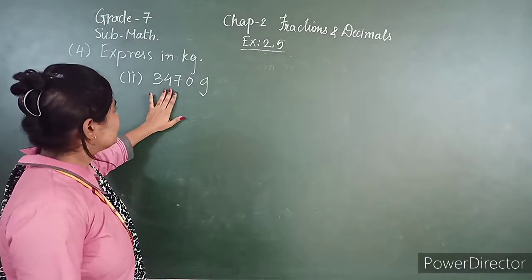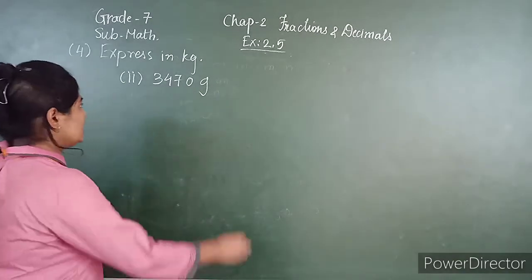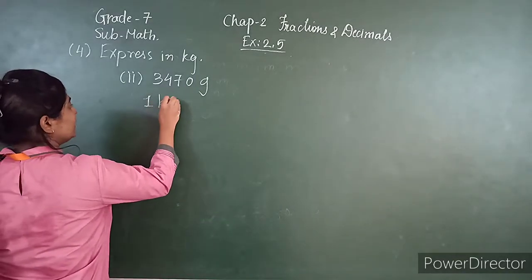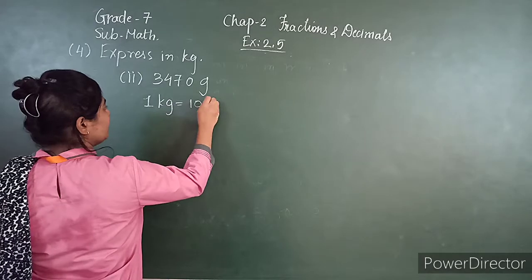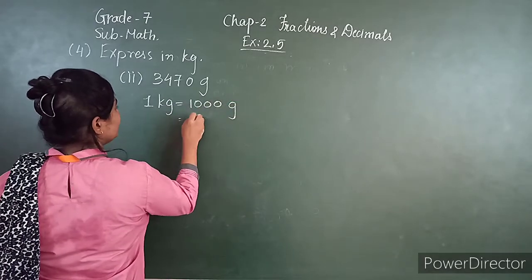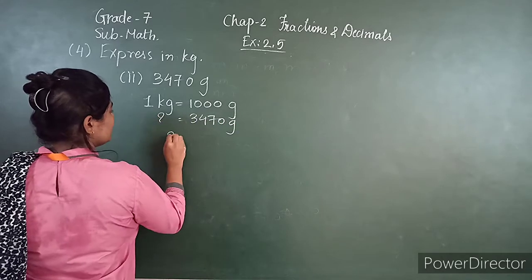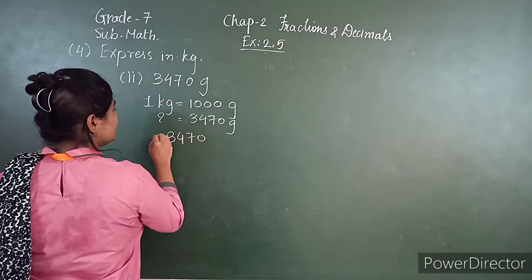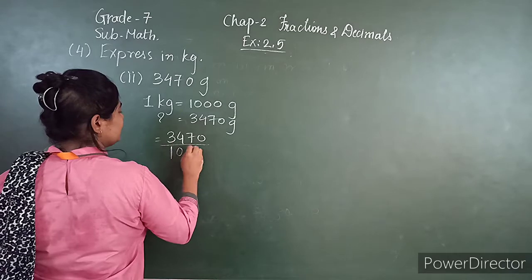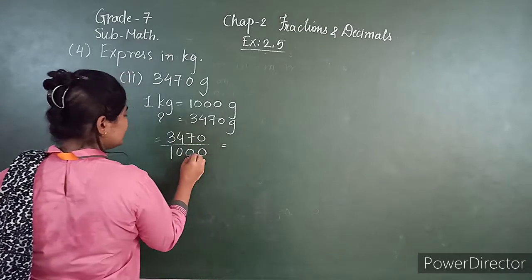Second number 3470 gram. So we have to write the identity. 1 kg is equal to 1000 gram. So 3470 gram is equal to how much? So 3470 upon 1000. So here 3 zeros are there.